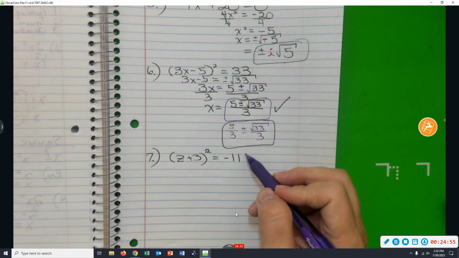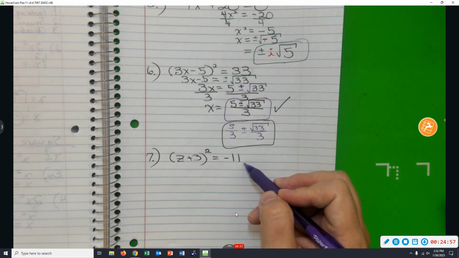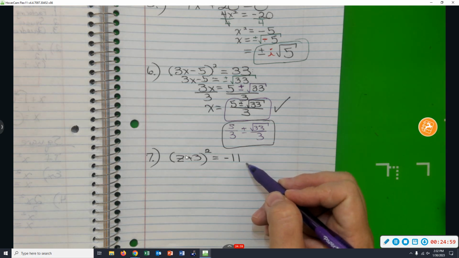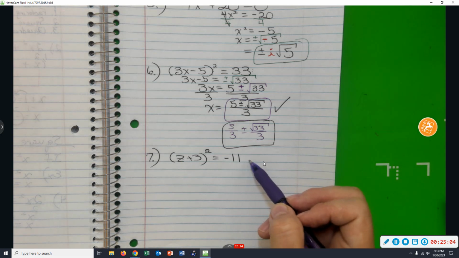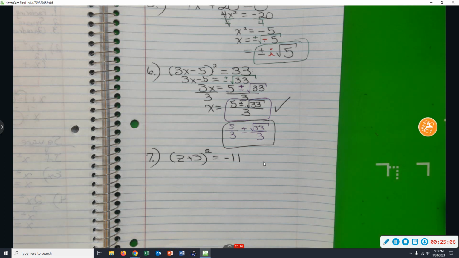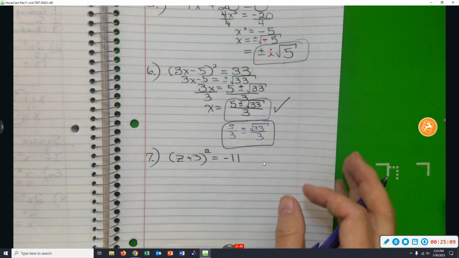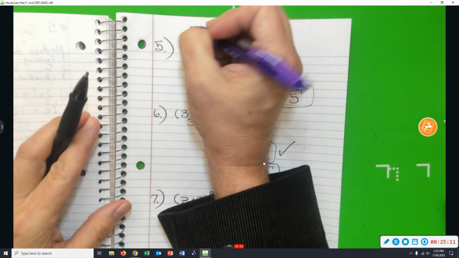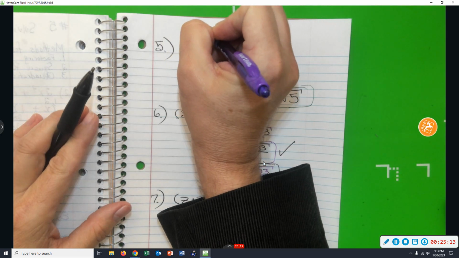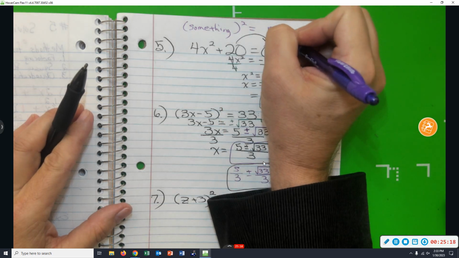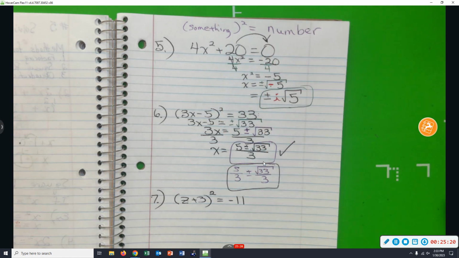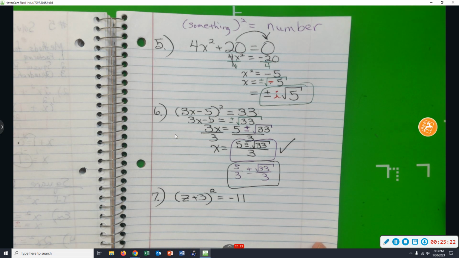I want to mention something: if this were a negative 11z, you couldn't use the square root method. It has to be in the form quantity squared equals a number. Something squared equals a number. That's the form you're looking at.